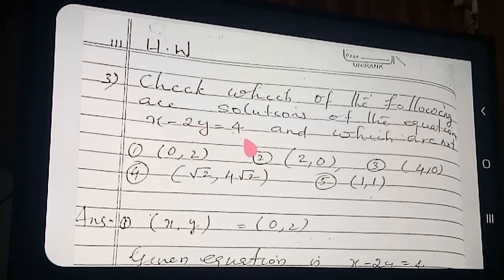If LHS and RHS answers you are getting the same, then it is a solution, otherwise it is not a solution. Got clear now? So values of x and y substitute in the equation. LHS you calculate. If calculating LHS you get the same answer as RHS, then we can say the ordered pair (0, 2) or ordered pair (2, 0) are the solutions, otherwise no.